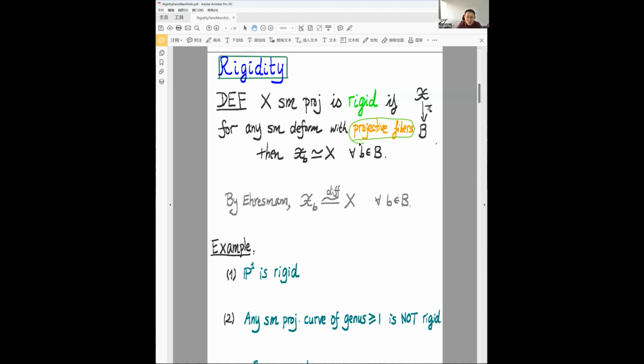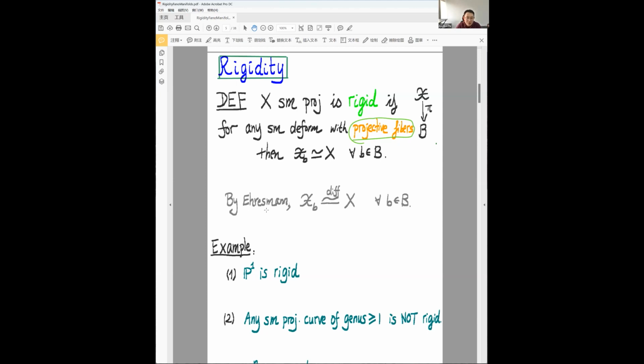You can also replace projective by Kähler fibers, for example, and I will come back to this. Then this problem becomes more complicated and more difficult. When we restrict to projective fibers, then we can do something. I will come back to this question afterward.